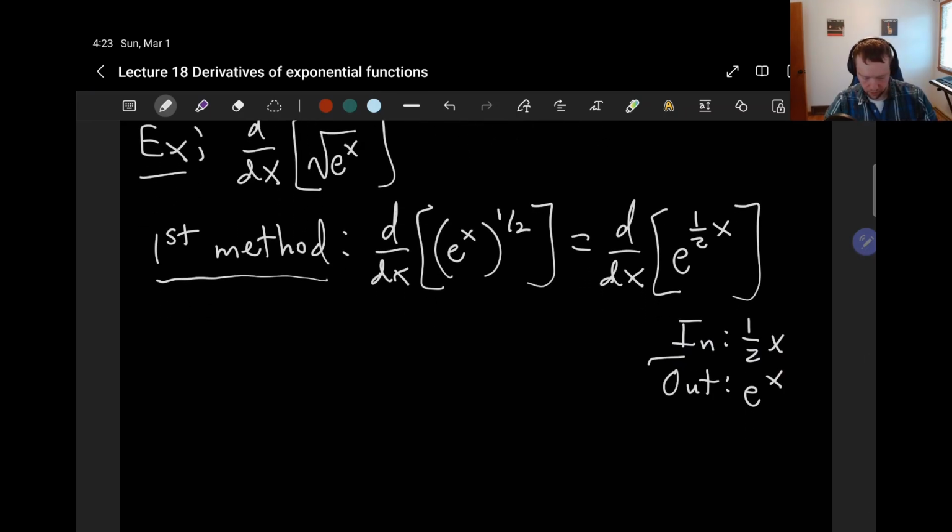Remember chain rule, you're taking the derivative of the outside, except the input is a little different, but you just leave it alone. The derivative of e to the x is itself. So I just write e, but it's not to the x. Remember, we have a different input, 1/2 x.